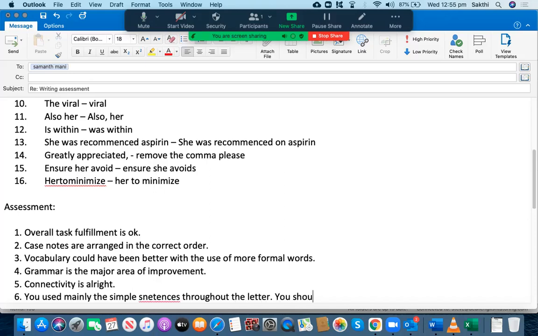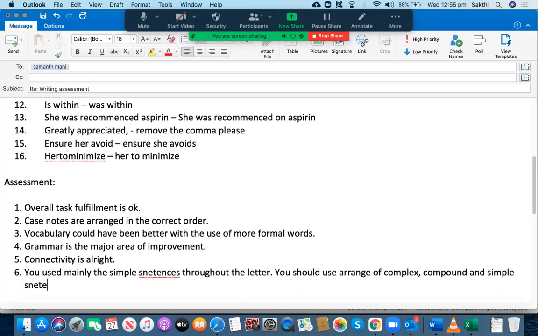You should use a range of complex, compound, and simple sentences, but she didn't do that. So it's really important that she uses a range of sentence structures in her letter.